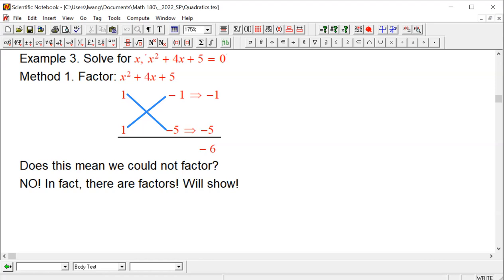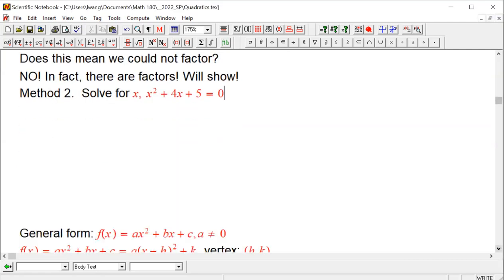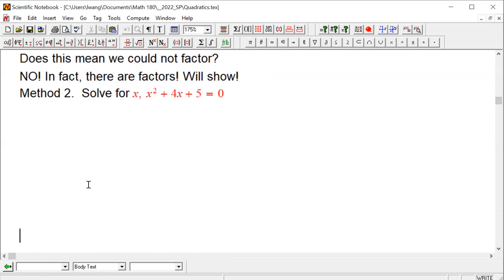All right. Then what do we do? Completing a square. In this case, method 2, we can complete a square. So we're going to solve by completing a square. To do completing a square, of course, we're going to move 5 to the other side.